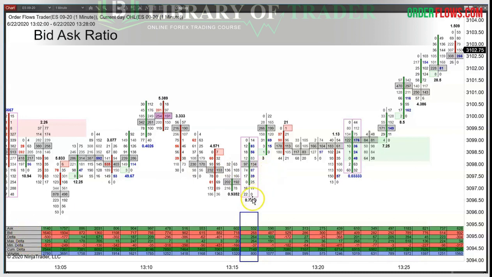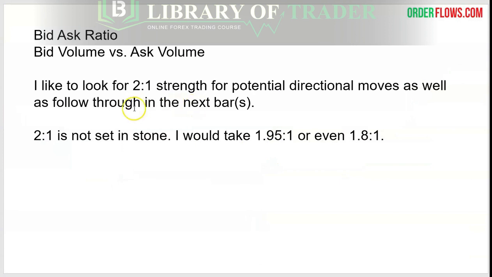Okay, so here is a case right here. Look at this. The ask volume is 532. The bid volume is 268. Now, this is not 2 to 1, right? If it was 2 to 1, 268 times 2 would be 536. It's within 4 ticks or 4 contracts, okay? Even though I said look for 2 to 1, 2 to 1 is not set in stone.